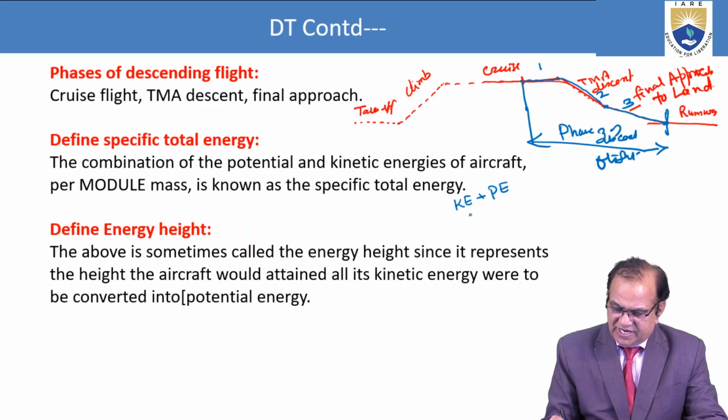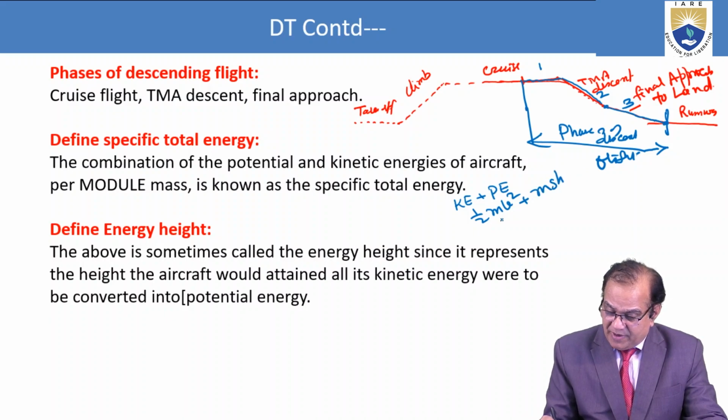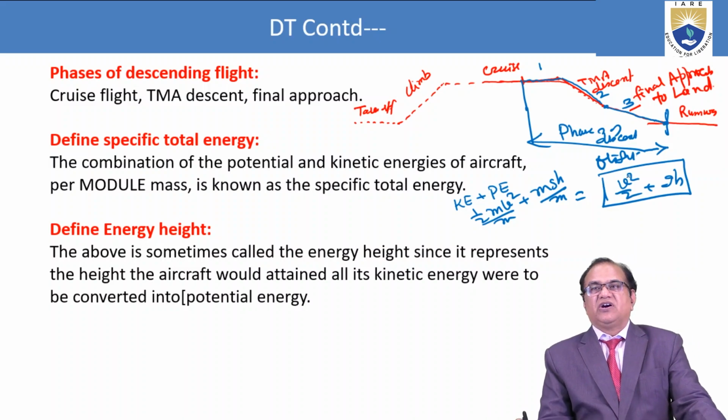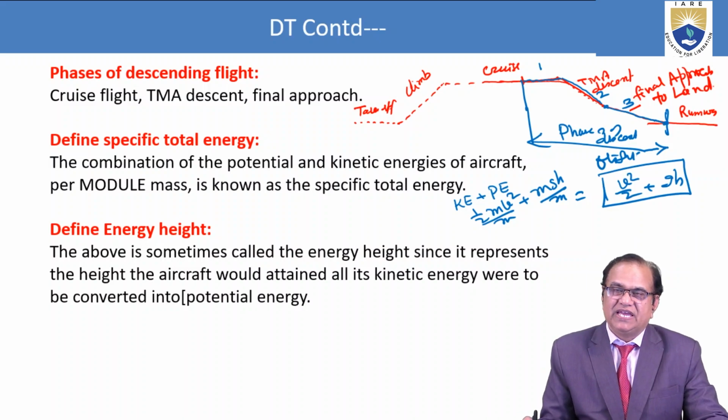So we know that kinetic energy is half m v square, plus m g h. Divided by m, this is called the total energy per unit mass. So this will be v square by 2 plus g h. This is the total specific energy of the aircraft.